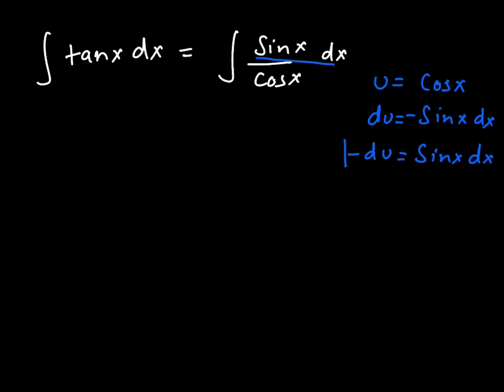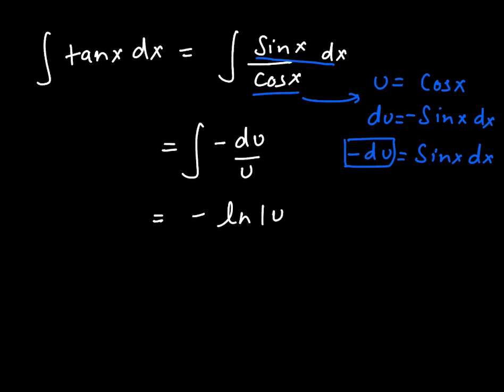So sin x dx is going to be replaced by negative du, and cos x is going to be replaced by u. So we would have the integral of minus du divided by u, and the antiderivative is going to be minus ln mod u plus c, where c is a constant of integration.